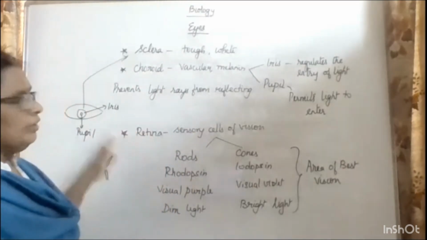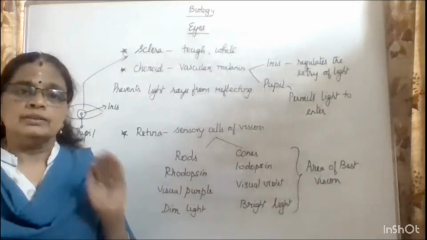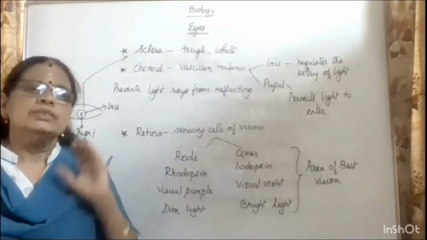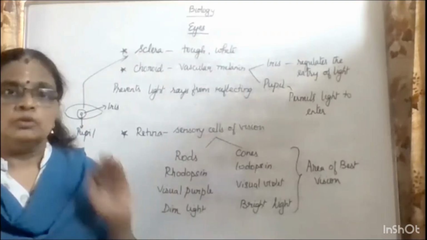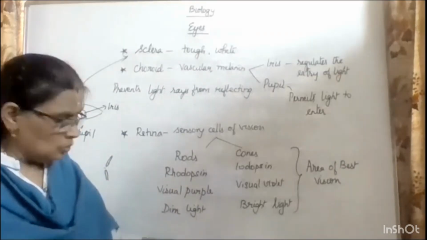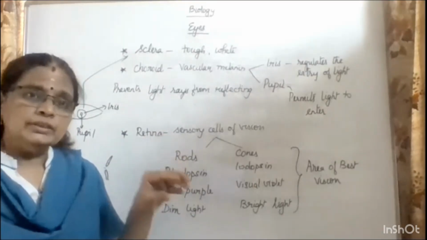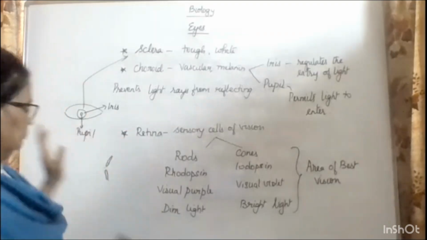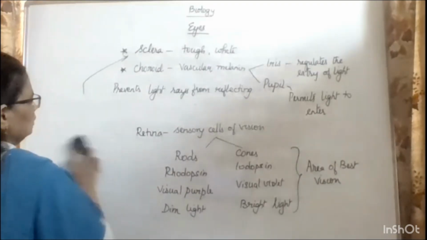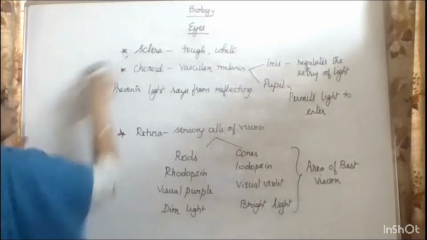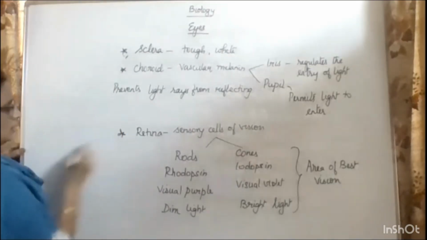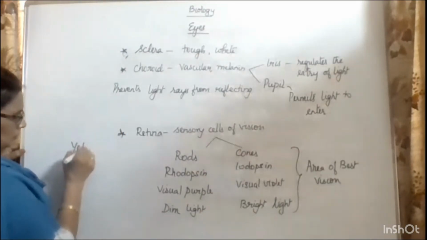Retina is the third layer, the innermost layer, which has the sensory cells of vision, the rods and cones. These rods and cones are concentrated at a particular place in the eye. The rods and cones are more at a certain point, and that point is known as the yellow spot.